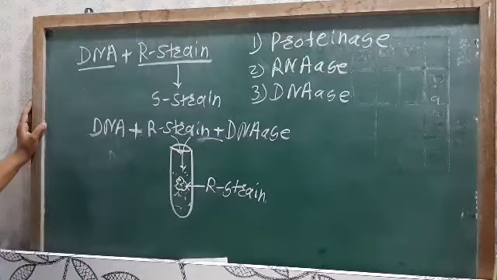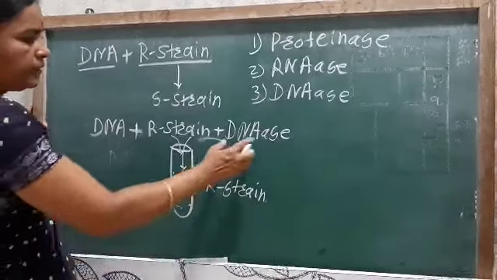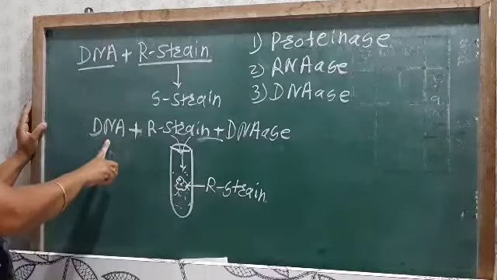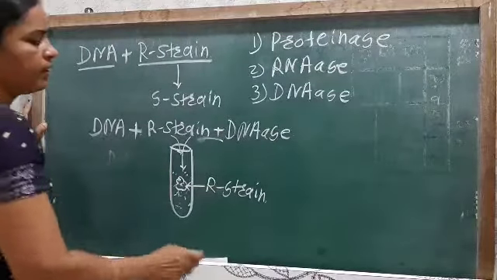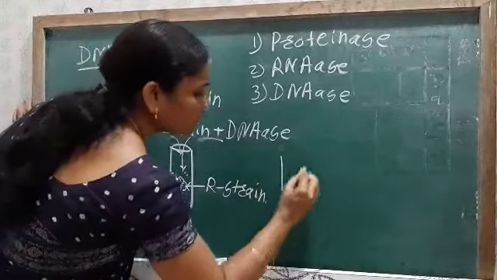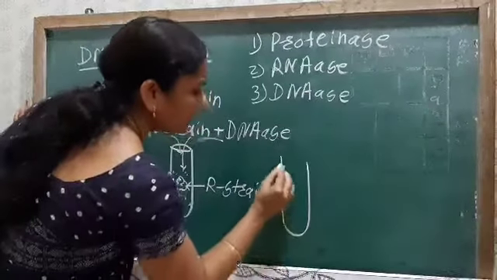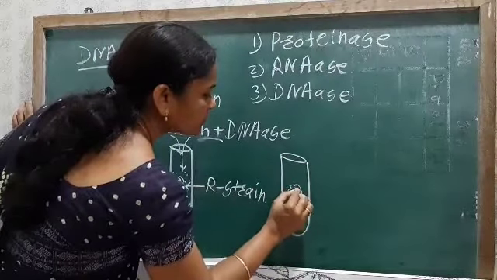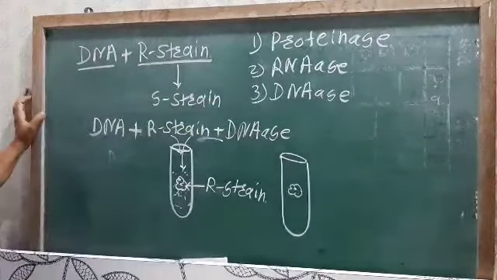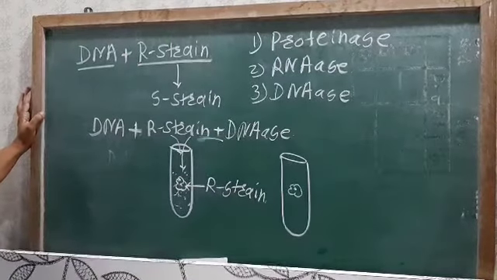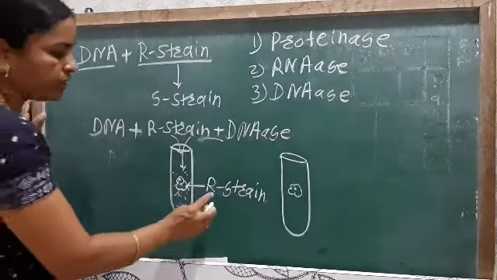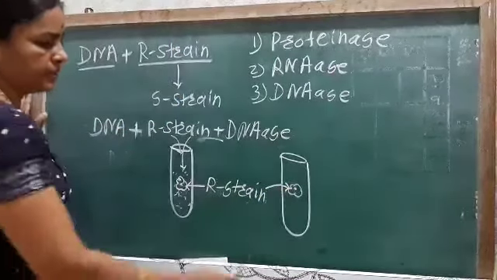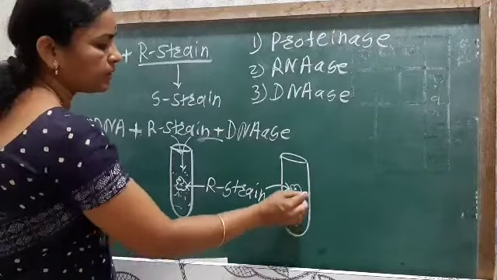And observe that here the DNase enzyme digests the DNA. So in this test tube, the R strain remains as it is. There is never any change in the R strain in this test tube assay.